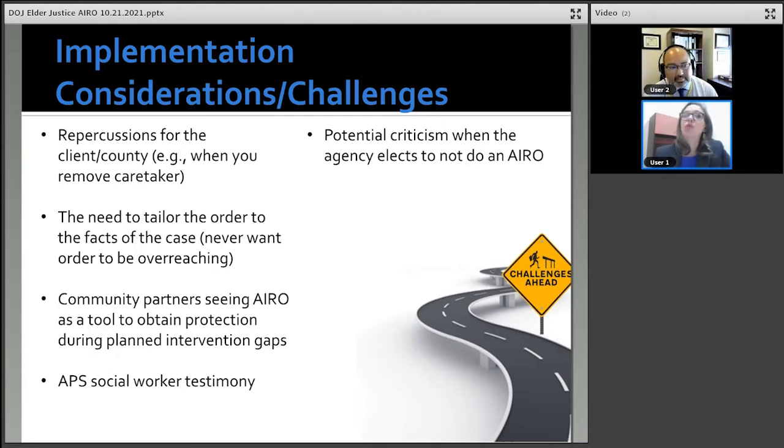And we have learned over time that it's really nice to be able to tailor the order to the facts of the case. And so, just because we have found that somebody is not a good caregiver and actually places the client at risk, let's say it's their mother or their adult child, that doesn't mean we don't want them to have contact ever again. It just means that they're not the appropriate caregiver.